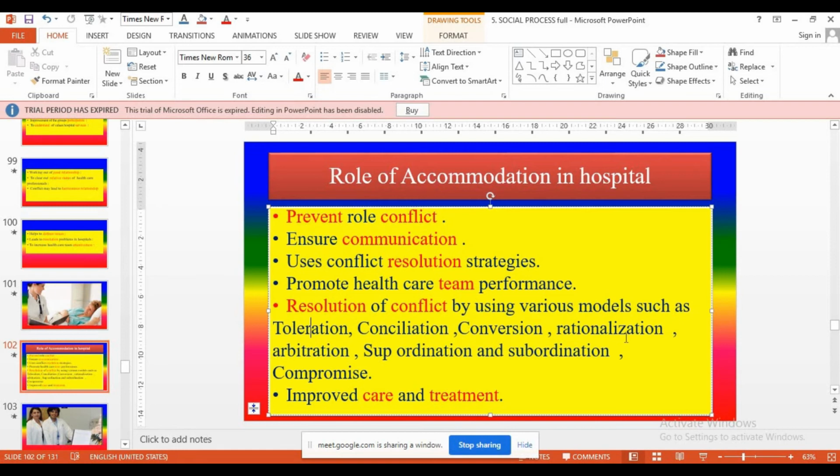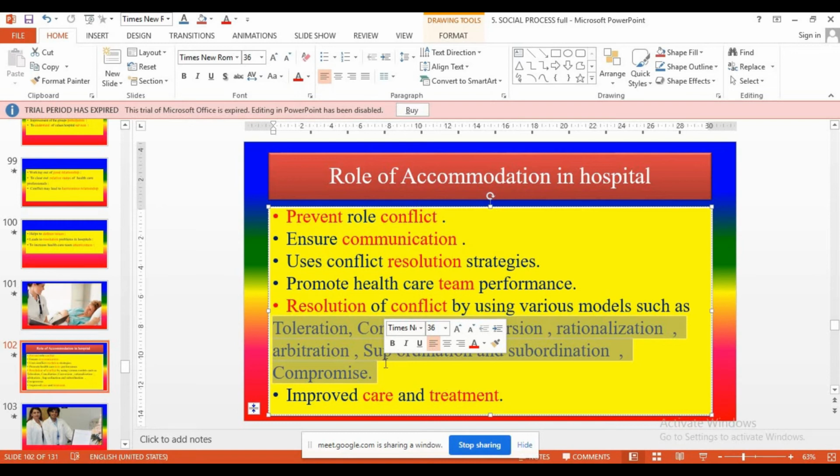Then rationalization, according to reason and evidence, used to solve problems and conflict. Then arbitration, using legislation. Then subordination. Next, compromise. Students, these are all the methods used to manage conflict in hospitals.